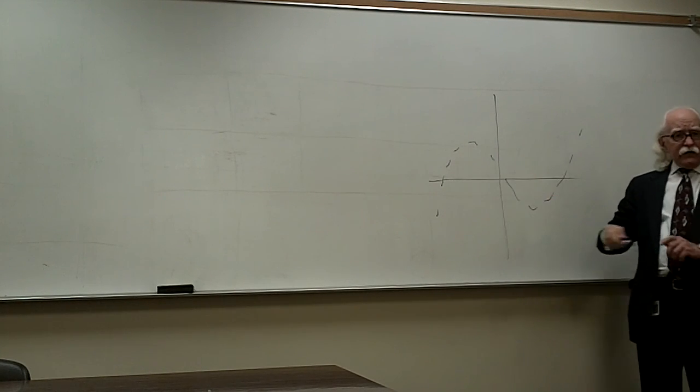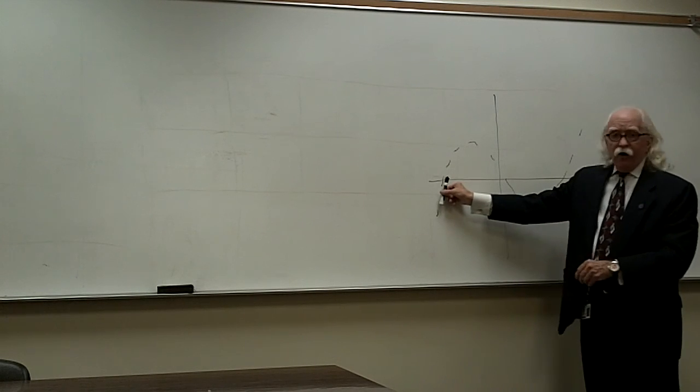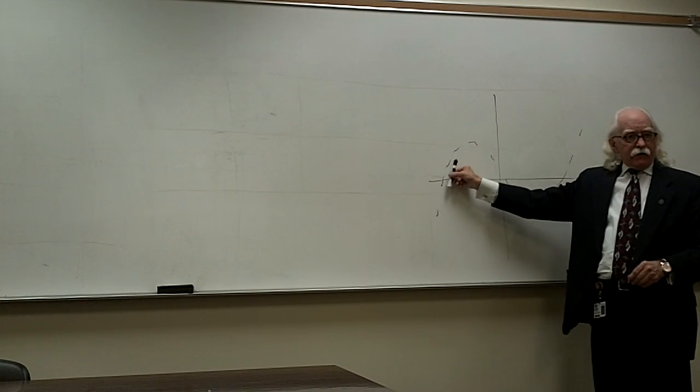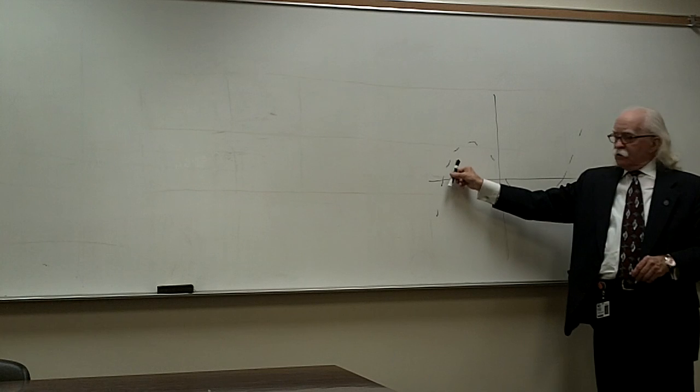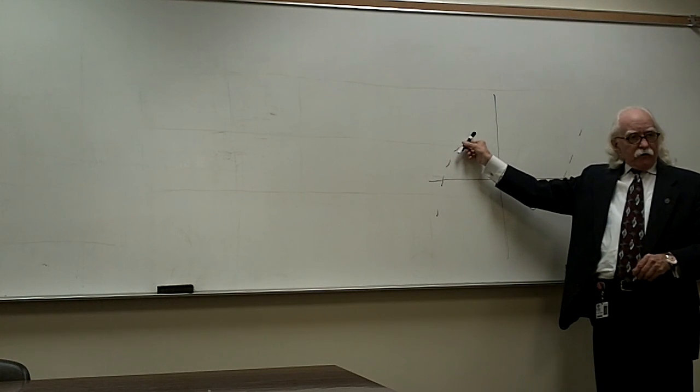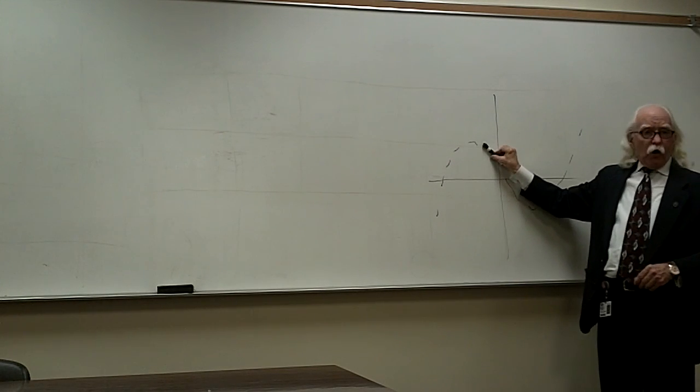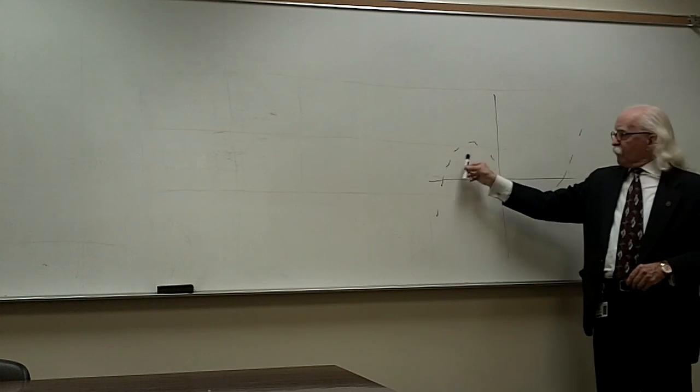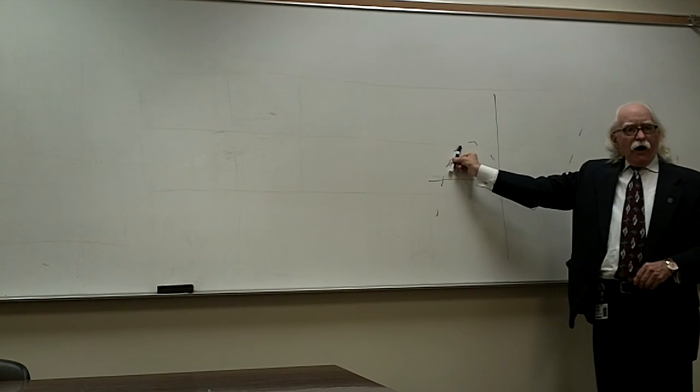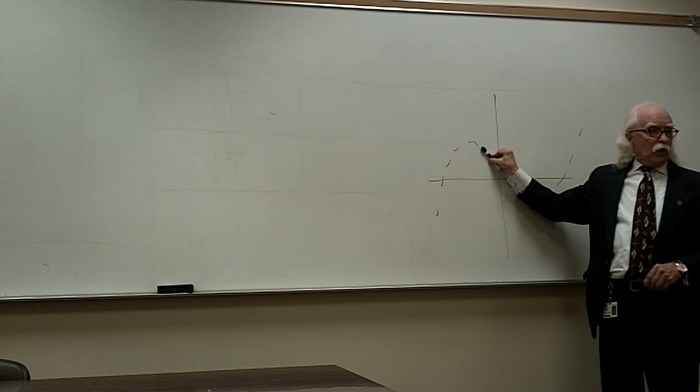As you can see here, the function is increasing because the slope is getting what? Higher. Steeper, steeper, steeper, okay? And then over here the slope becomes negative. Over on this side is positive. That's a positive slope, that's a negative slope.